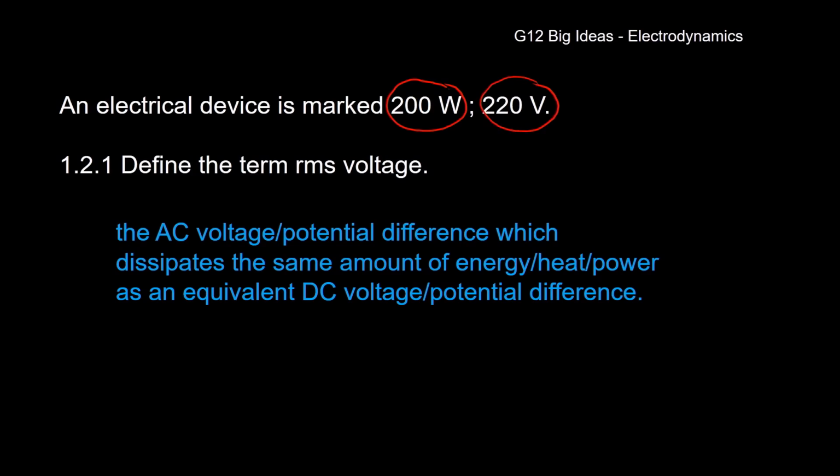Now, when we have appliances that we're using, although it gives us these values, they are average values, because our electrical current that comes through the sockets in the wall is alternating current.